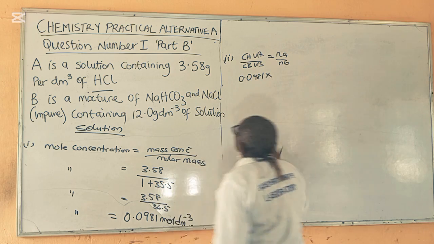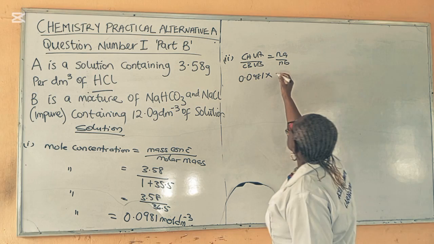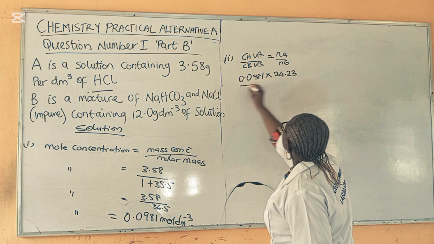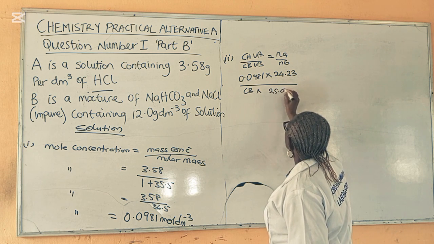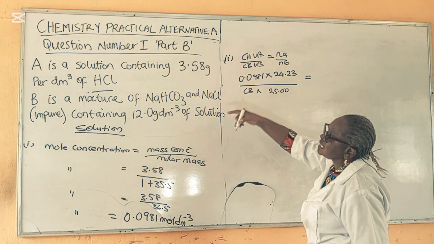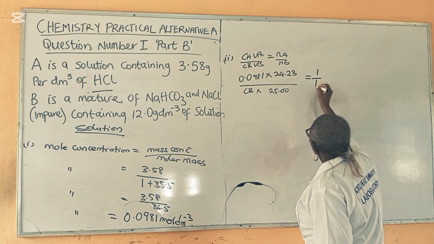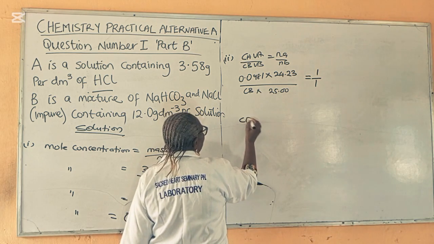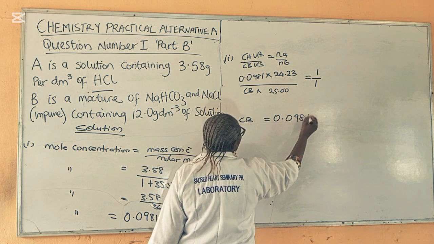0.0981. Remember, your VA remains your average titer value, which is 24.23. Divide by, we are looking for CB, and the volume is 25.00. Our mole ratio for this exam, as long as this acid and base are given, remains 1/1. Doing this is 1 mark for correct substitution, then you now make your CB the subject of your formula for another 1 mark.